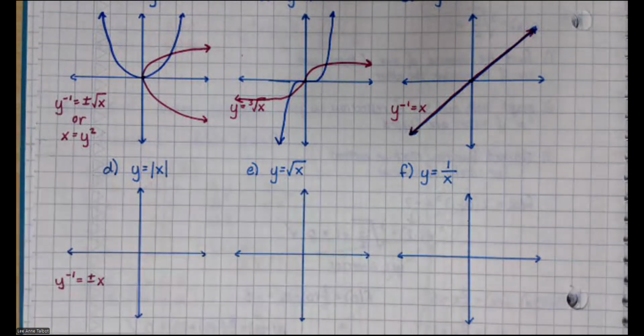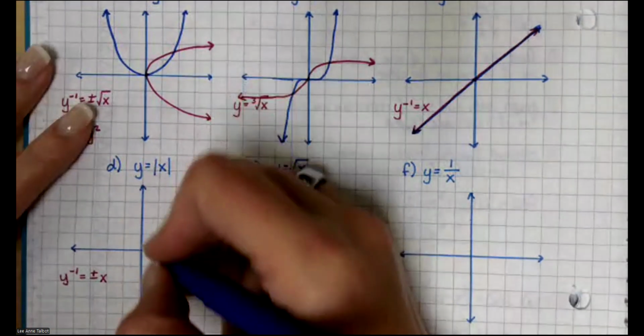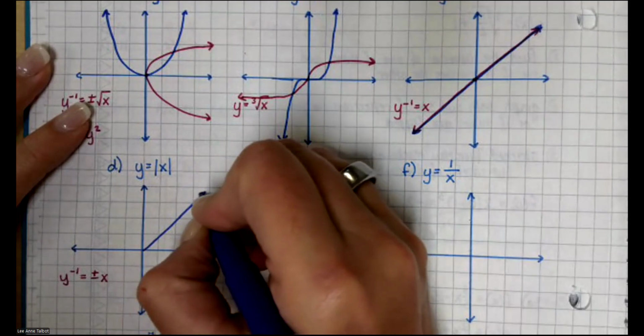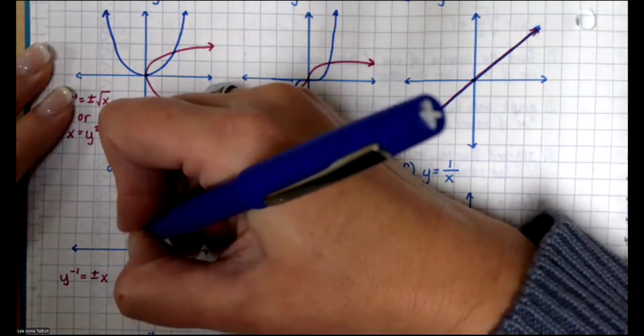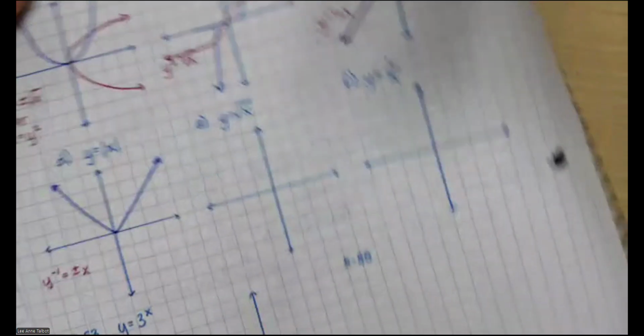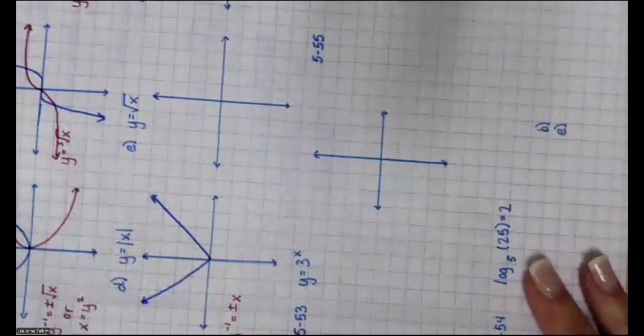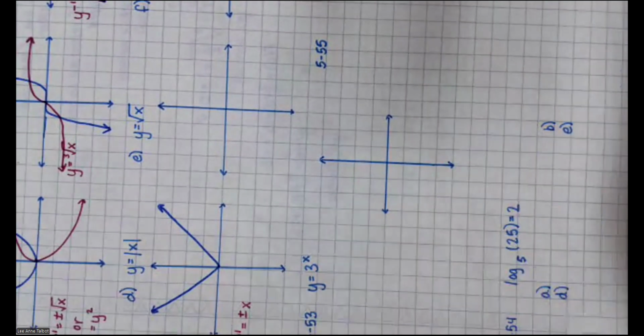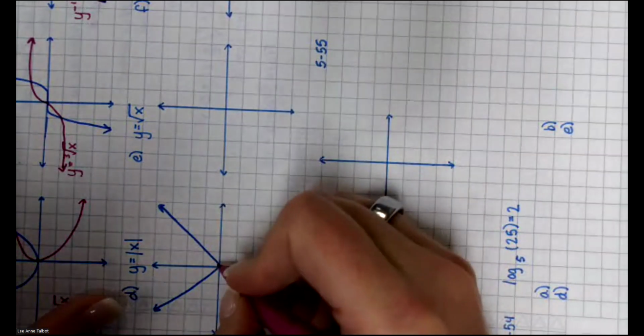However, it's only a piece of it. So think about it this way. You know this is a v, right? Use the graph to help you. Your inverse is going to be a sleeping v.